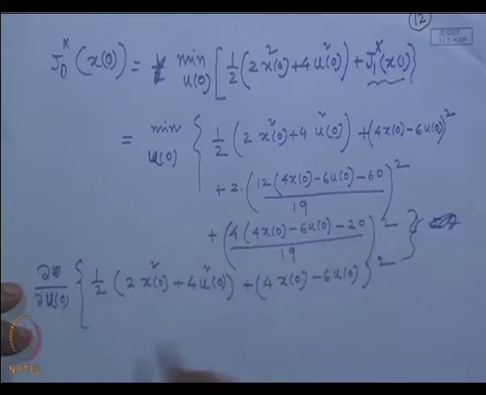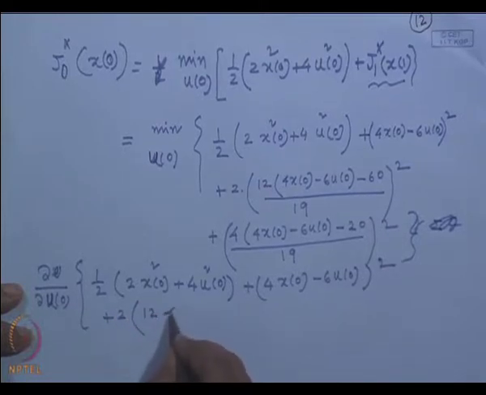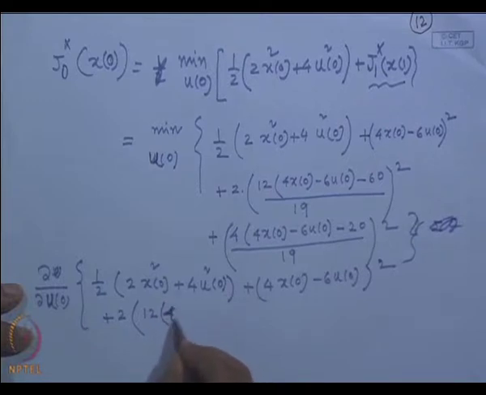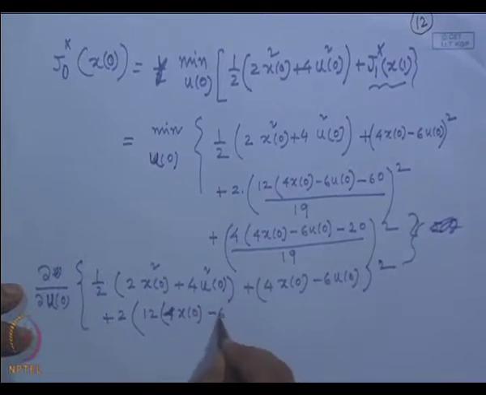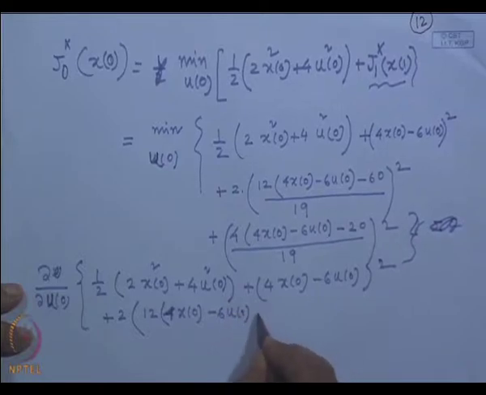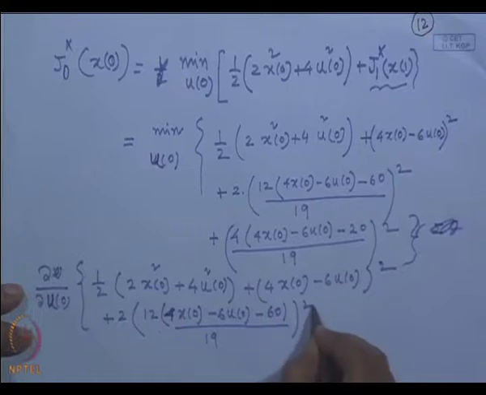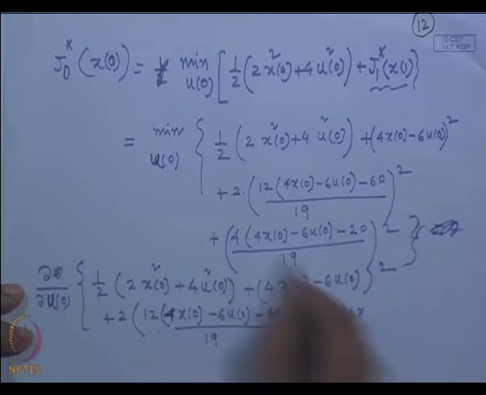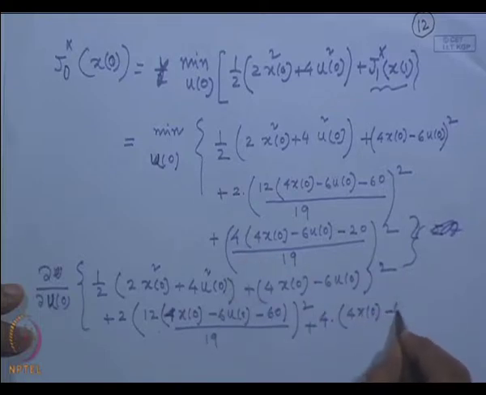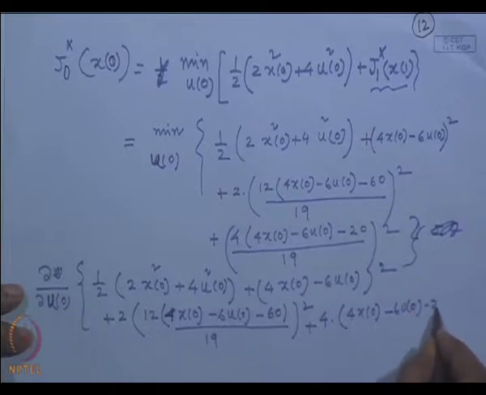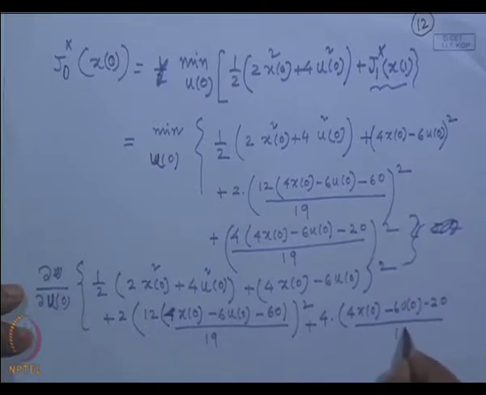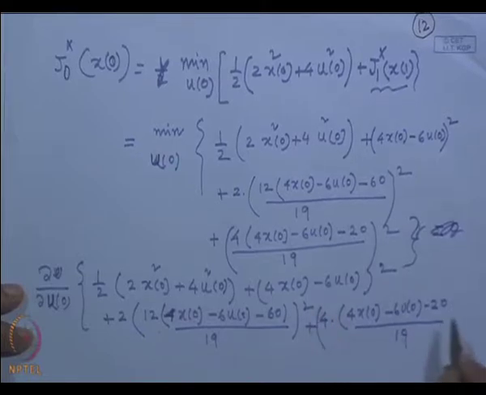So, this plus twice into 12 into 4 x of 0 minus 6 u of 0 minus 60 divided by 19 bracket, that whole thing square, plus 4 into 4 x 0, this same expression I am writing, minus 6 u 0 minus 20 divided by 19 whole square.